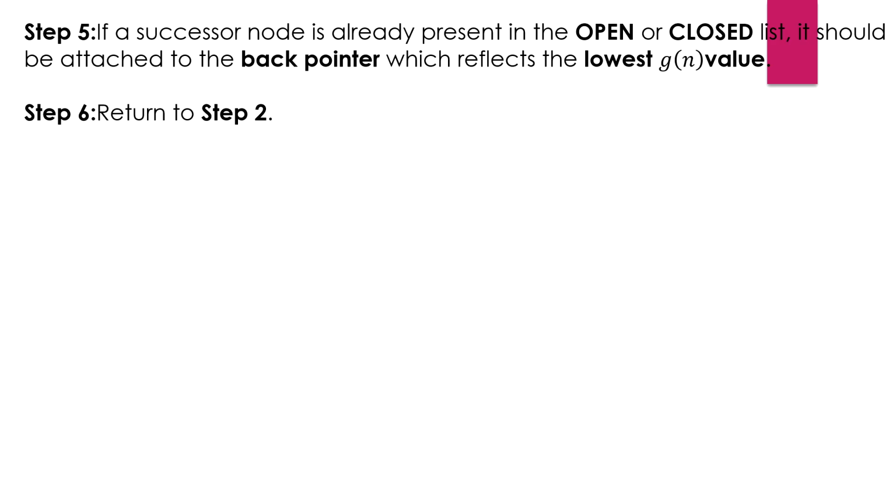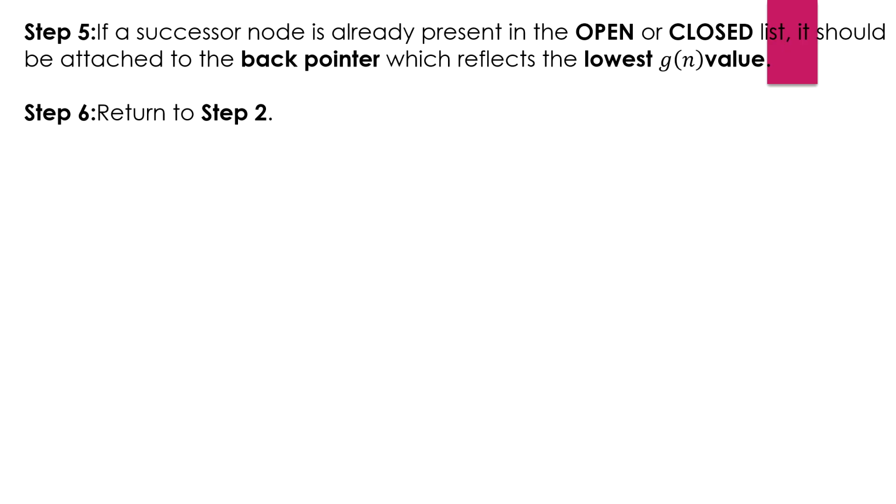And step 5. For every successor, check whether it already exists in the open list or closed list. If not, calculate g(n), h(n), and finally f(n). Store it inside the open list.